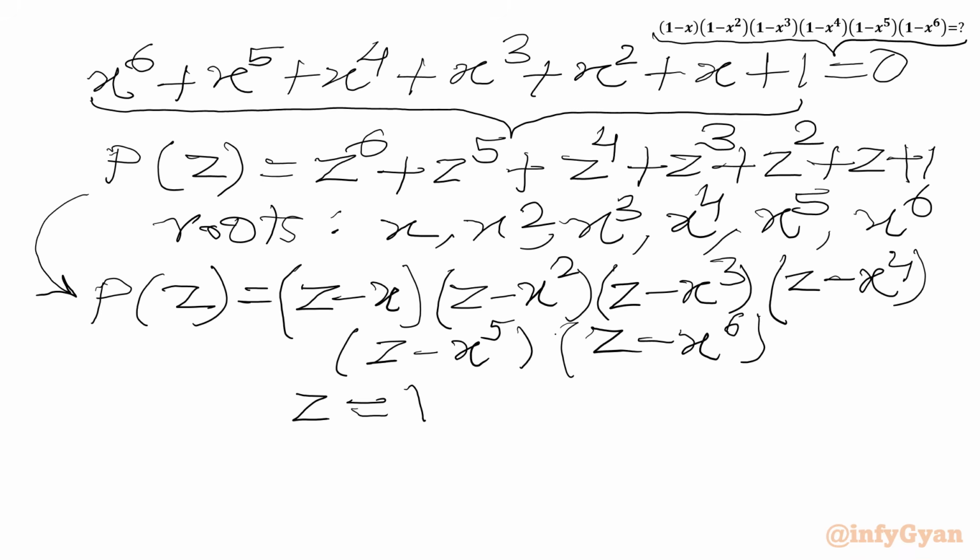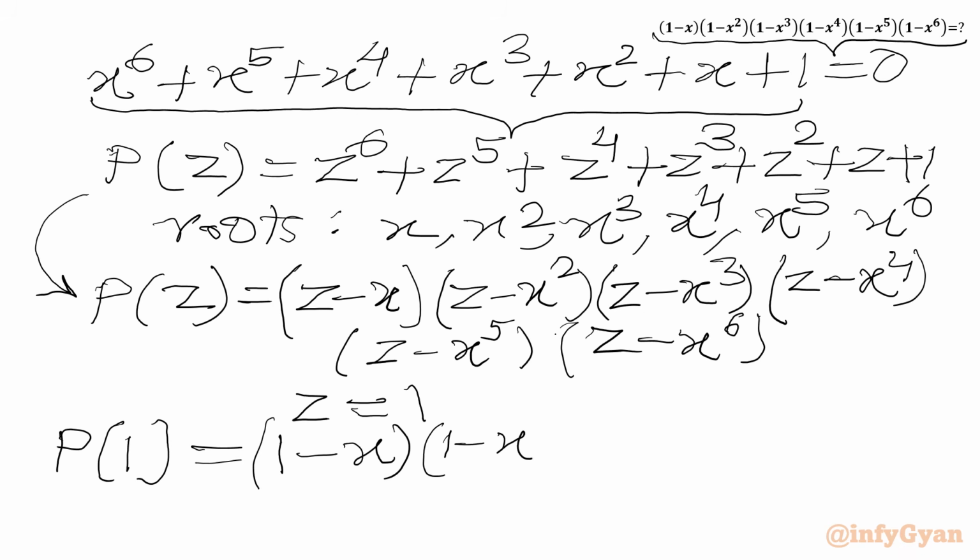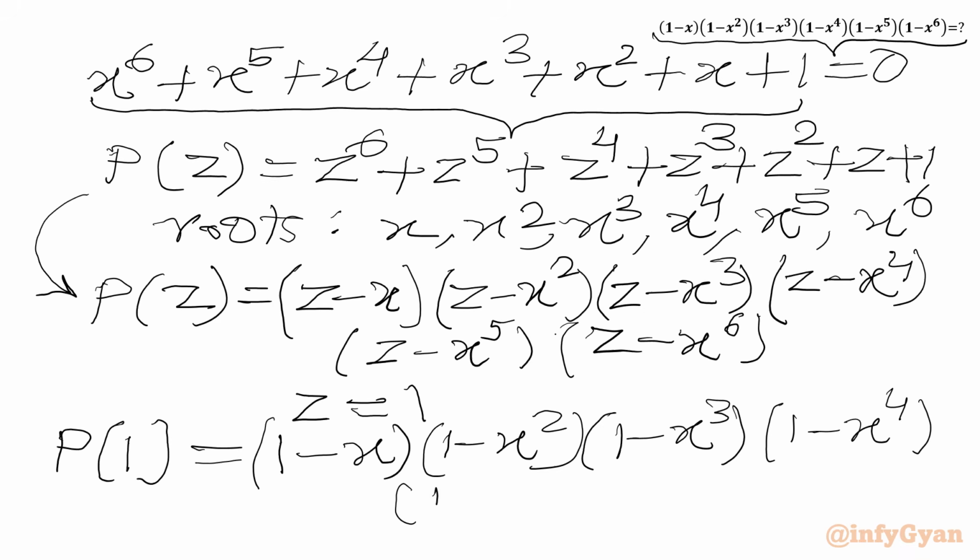By putting z equal to 1, we are going to get P(1), which will be equal to our required expression: 1 minus x times 1 minus x square times 1 minus x cube times 1 minus x power 4 times 1 minus x power 5 times 1 minus x power 6, which is our required product expression.